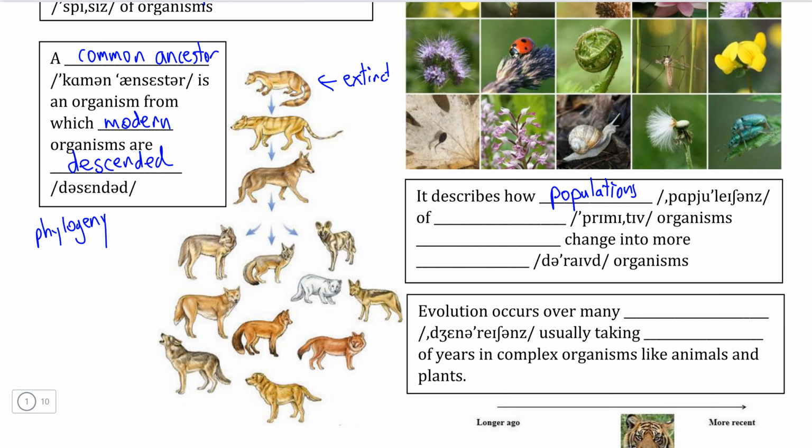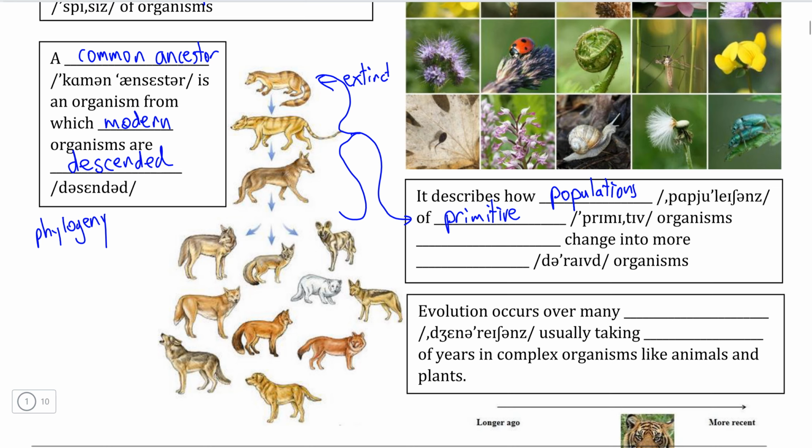So simply put, the theory of evolution is meant to show how populations of organisms that are now extinct, what we call primitive organisms, undergo change gradually over multiple generations, of course. The primitive organisms in this evolutionary history here would be the organisms that existed farther back in time.